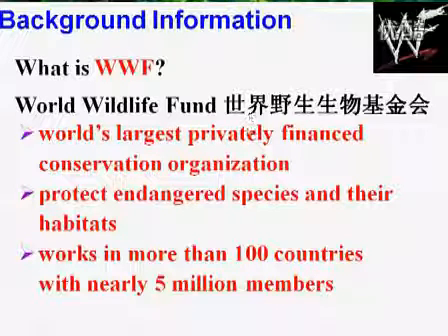Conservation organization 有点像我们所说的那种保护区域啊，保护组织。It protects endangered animals, endangered species, not only animals, and their habitats. 那么它的目的是什么呢？它主要去保护那些濒临灭绝的物种以及这些物种的栖息地。And it works in more than 100 countries with nearly 5 million members.